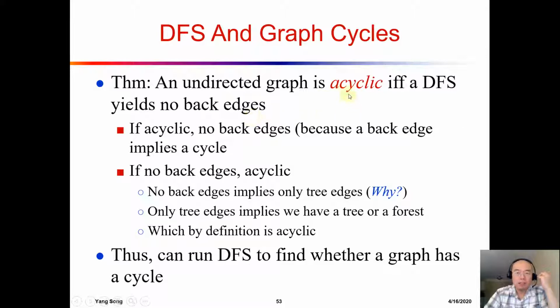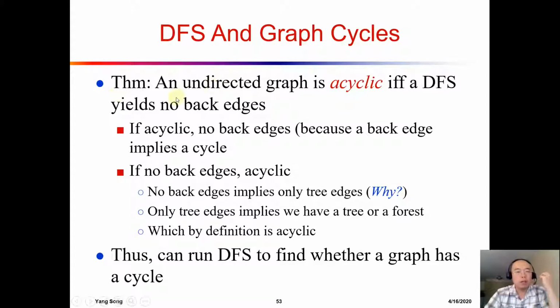So acyclic means this graph has no cycles at all. And it is if and only if the DFS says all the edges are tree edges. There are no back edges.